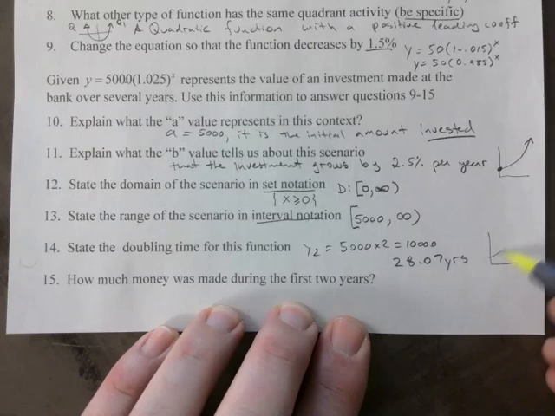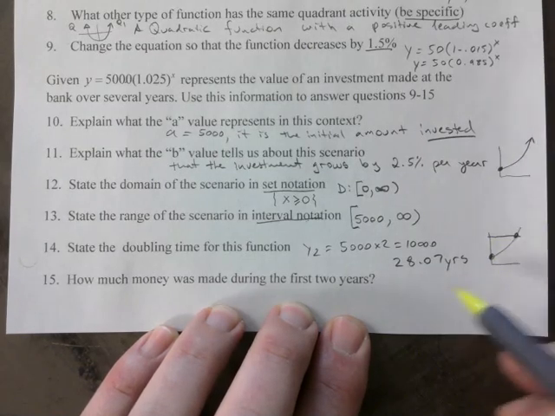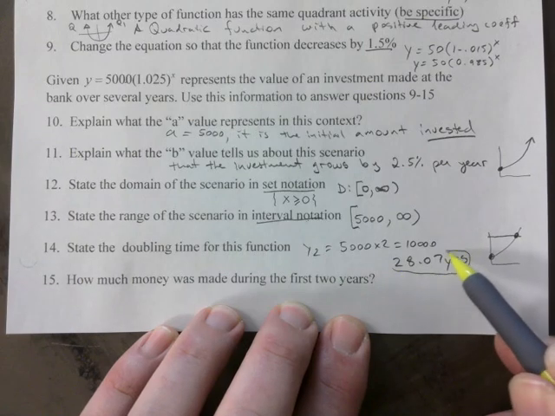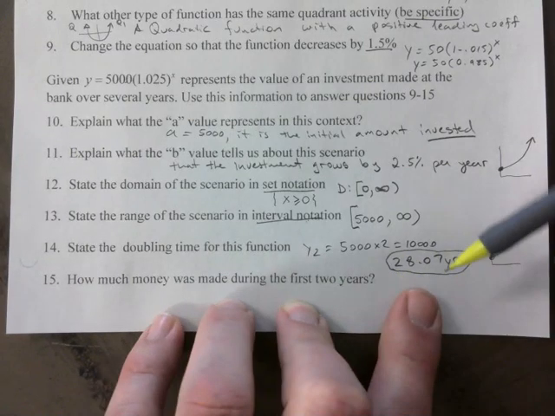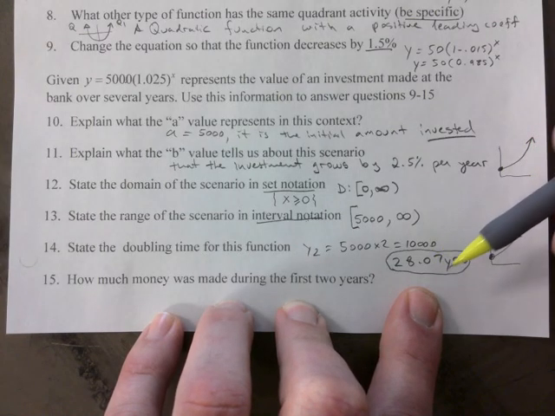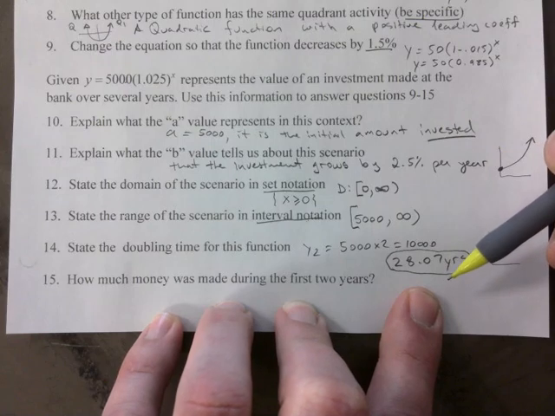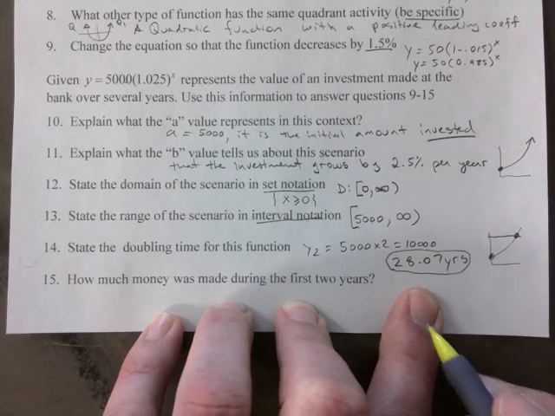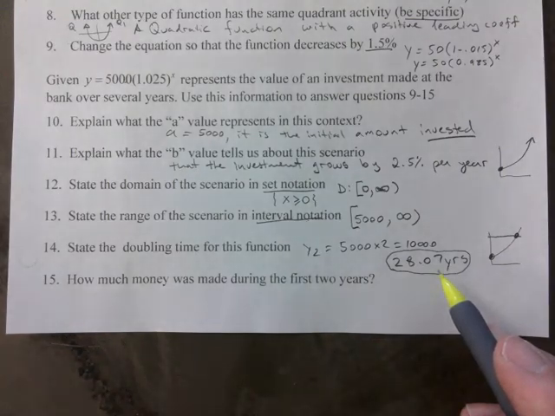One thing I need you to understand, you start with 5,000. Listen carefully because this is going to come back later. After you find this, you're guaranteed to double your money every 28 years. If another 28 years go by, you will go from 10,000 to 20,000.